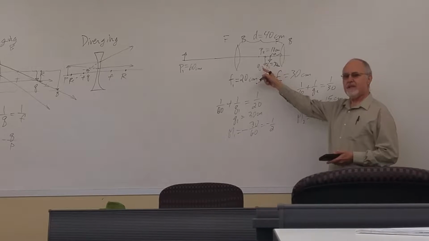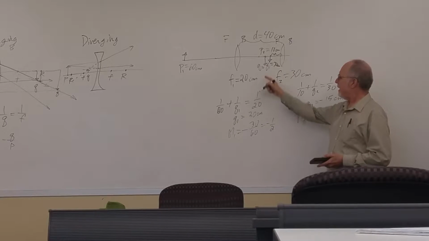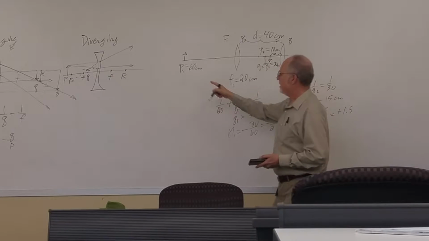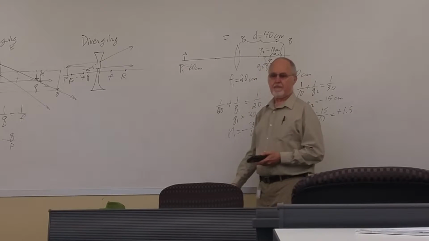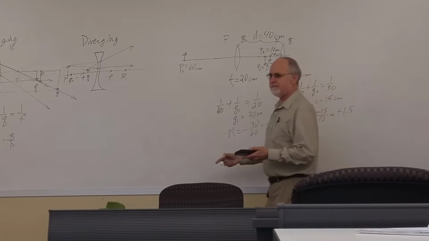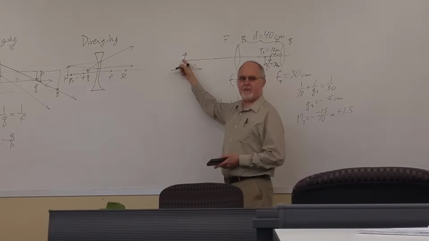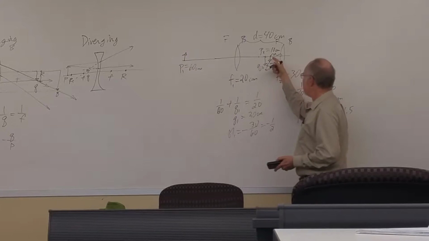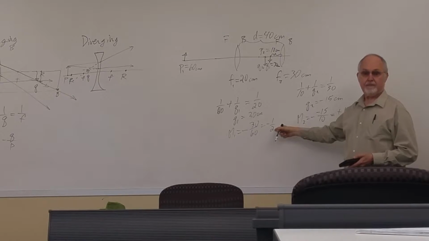This is now the final image for the two lenses. How big is this image compared to this original object? If this was 1 centimeter high to start with, then this first image would only be 0.5 centimeter high.